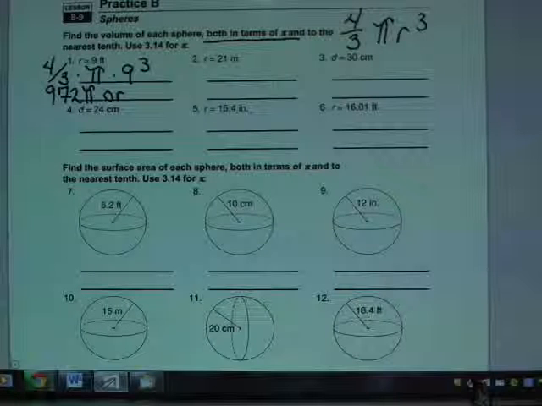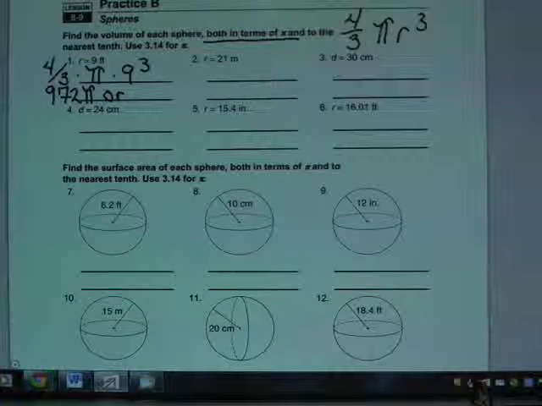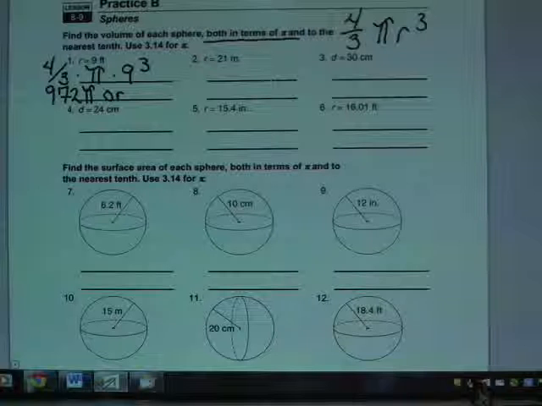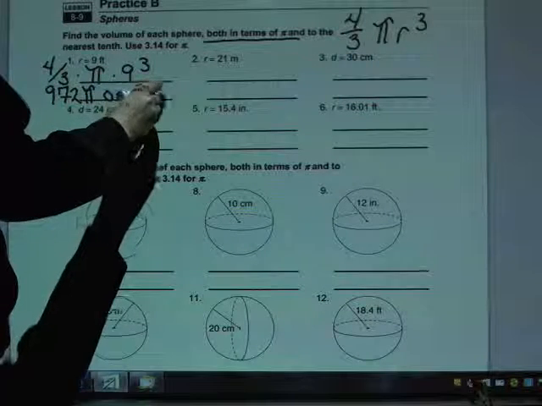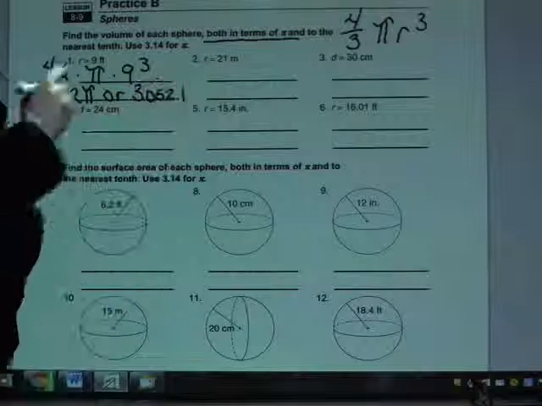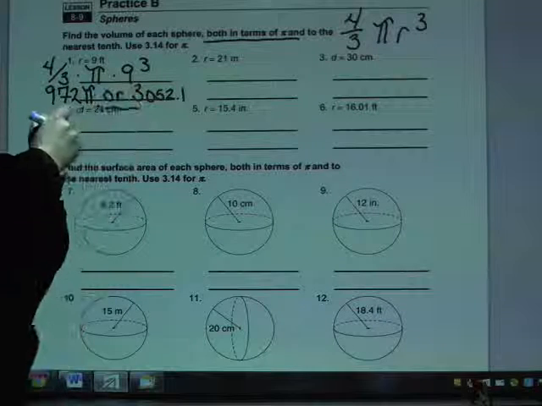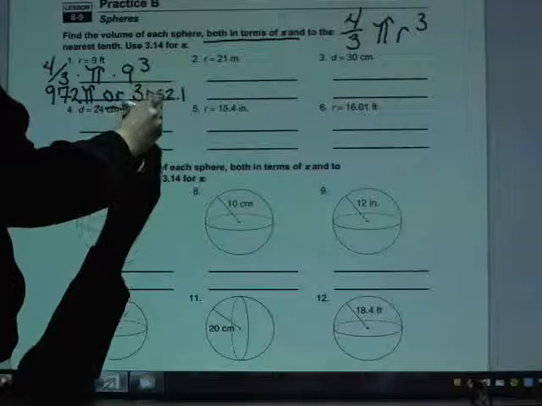So 972 times 3.14, and that's going to yield a result of 3,052.08. But the directions say round to the nearest tenth, so that's going to be 3,052.1. And both of those are going to have to be feet cubed.